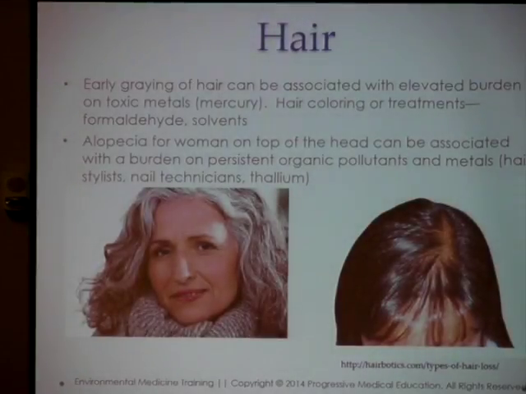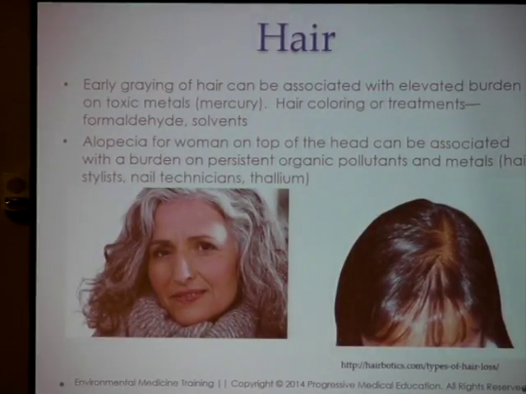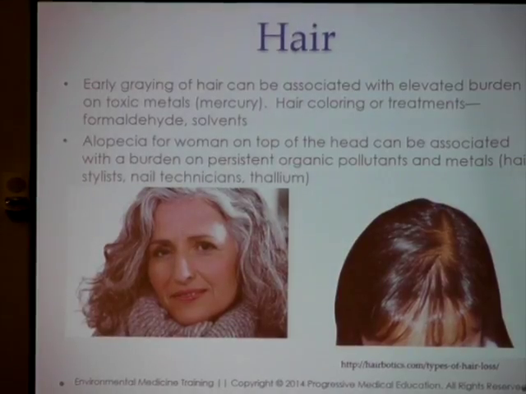So understand what the patient's appearance looks like, what their hair looks like. What we tend to find in environmental medicine is that patients who have early signs of alopecia, like some women who work in nail salons, or people who work in high levels of toxicant exposures, tend to have a higher level of persistent organic pollutants and tend to have greater hair loss.